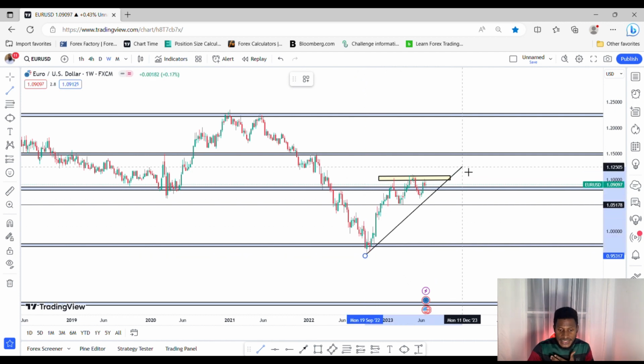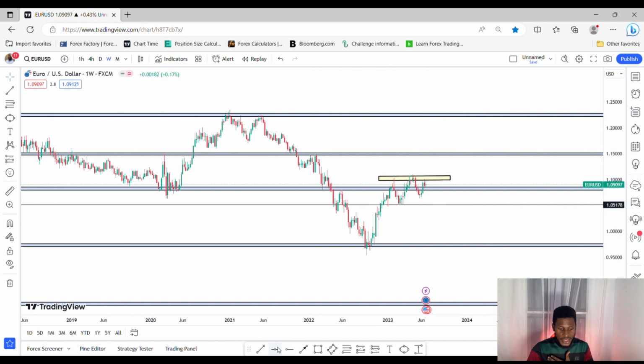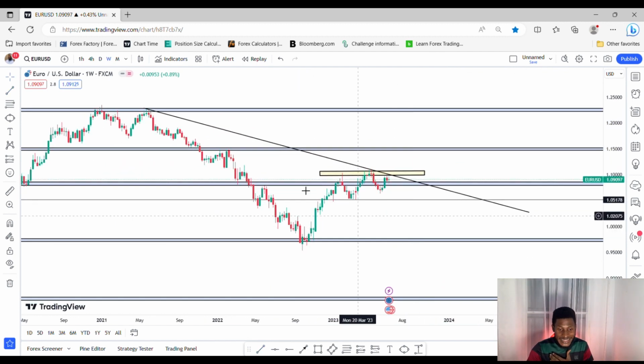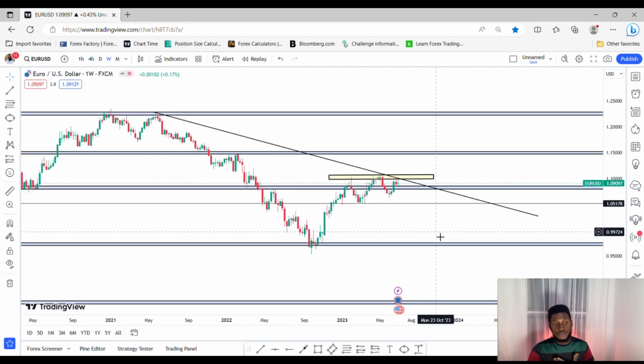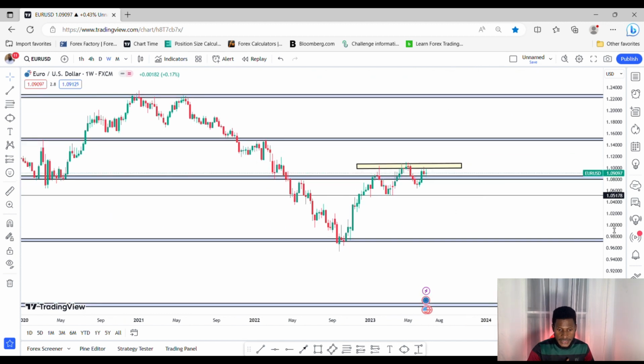And for Euro USD, the inverse is the case. We can see that it's a downtrend, right? My bias on Euro USD is actually a downtrend. I am strongly bearish on the Euro USD.